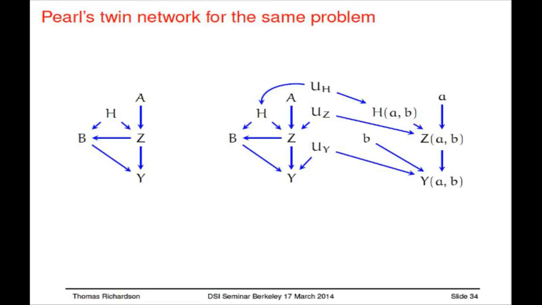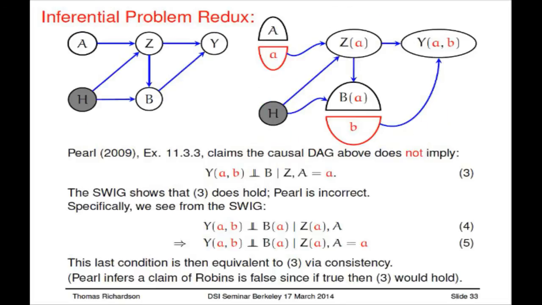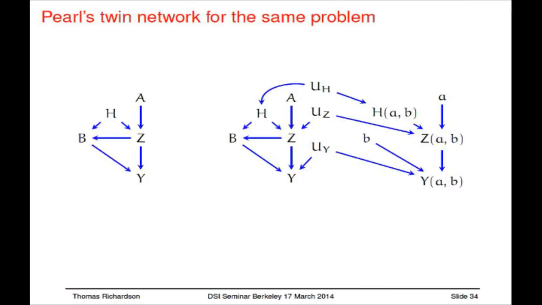But more interestingly is why Pearl made this incorrect conclusion. And in order to do that, I'm just going to briefly show you the way that Pearl would have addressed this question. Okay, so here we've got this graph here. In order to look at these counterfactual independencies, we constructed the SWIG in this way. Pearl has a different way of doing it, which he calls the twin network approach.